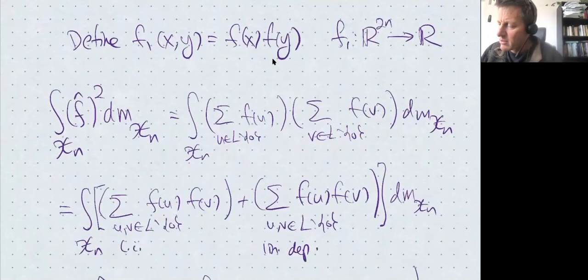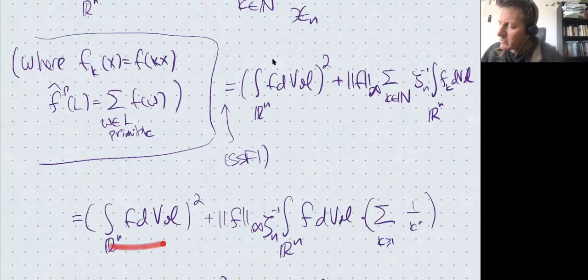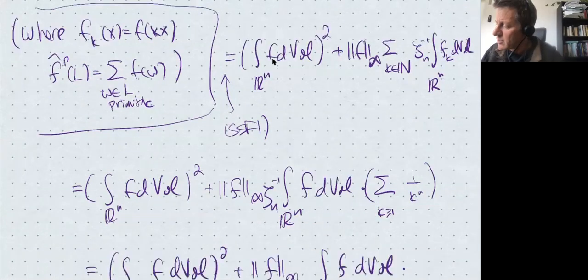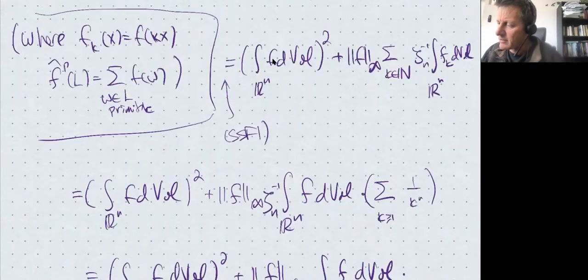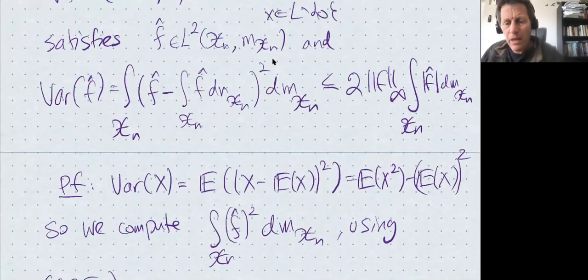And so this minus this, which is the expectation squared, is this. And that's exactly what we want. Now, the only difference is that we assumed that f is non-negative, and we had this formula 2. And now if you do this twice, once for the negative part and once for the positive part, you can see that this constant of 2 accounts for splitting the function f into positive and negative parts.